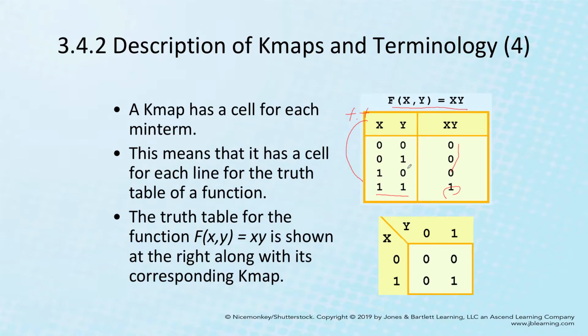The variable x appears first, so it should be the heading for rows, and y becomes the heading for columns. This row is when x is 0, and this row is when x is 1, and this column is when y is 0, and this column is when y is 1. The exact same truth table can be represented in a two-dimensional matrix, and this is called a K-map.